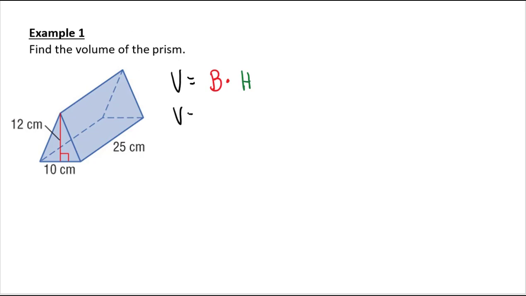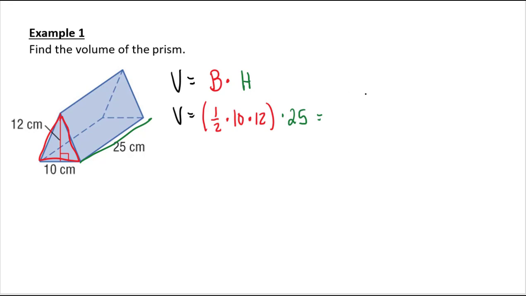So volume is area of the base. Well, my base here is a triangle. They tell me the height is 12, the length of the base is 10. So that's 1/2 10 times 12 times by the height. The height in this case is 25.